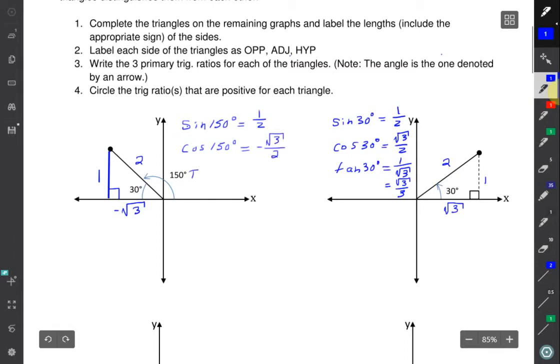The tan of 150 degrees is equal to the opposite over the adjacent, which is 1 over negative root 3. So we have negative 1 over root 3. Once again, if we want to rationalize this, we would end up with negative root 3 over 3.